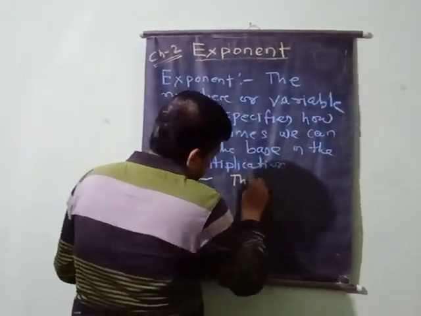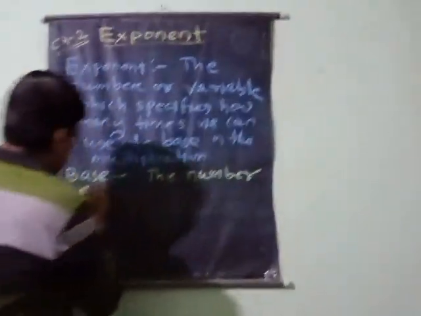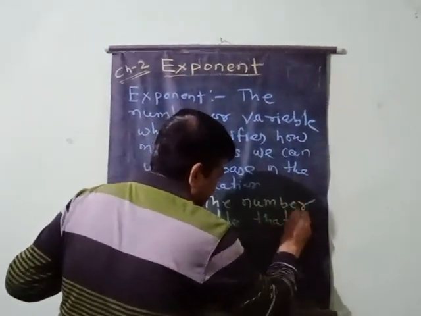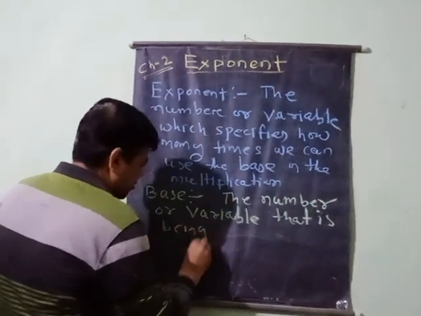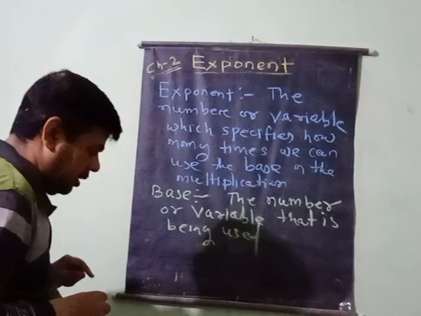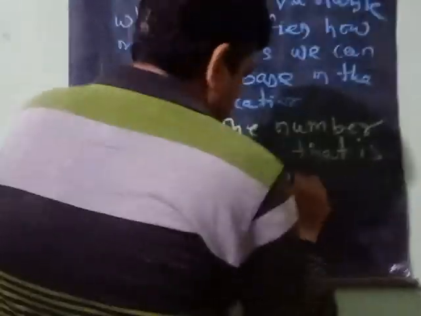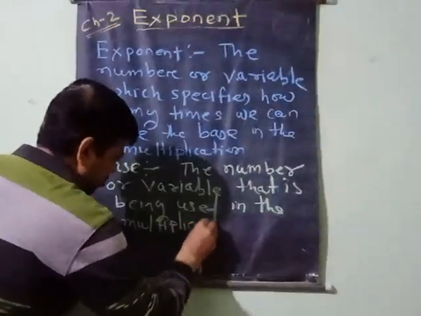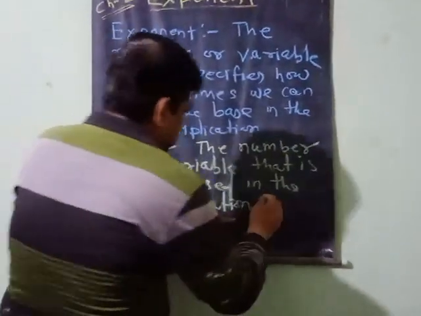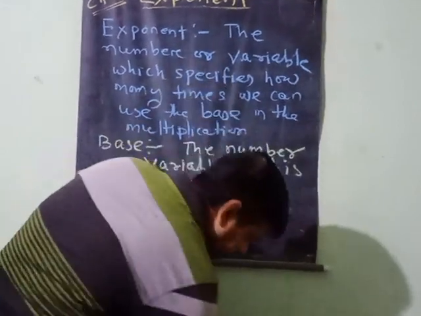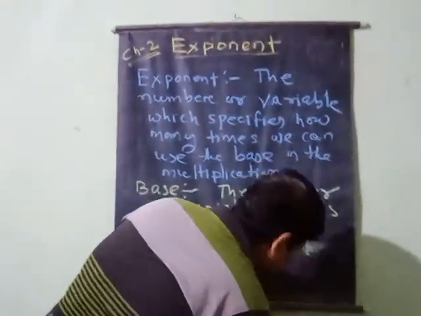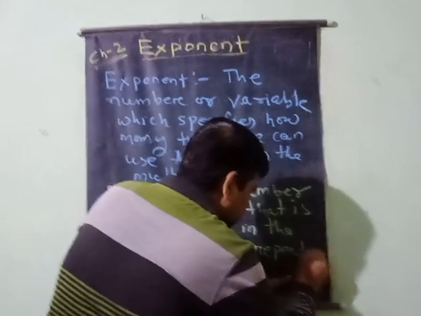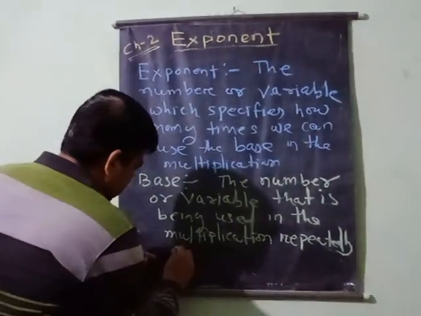The number or variable that is being used in the multiplication in the repeated number of times, repeatedly, in the expanded form.